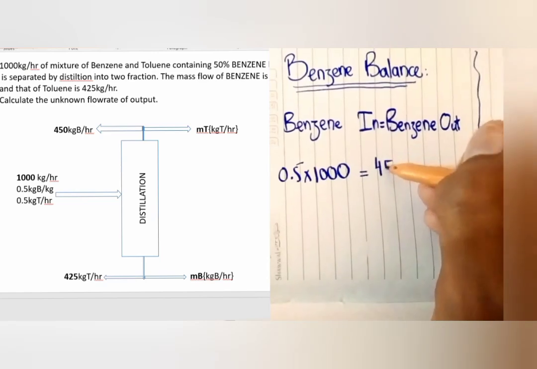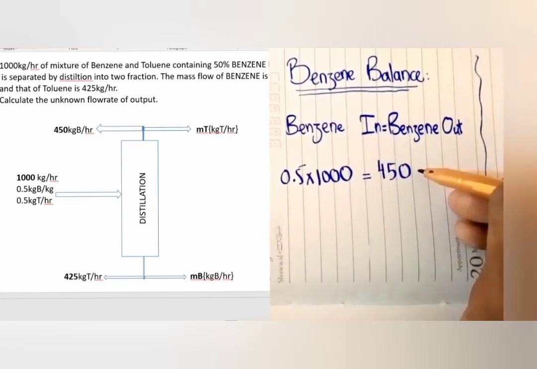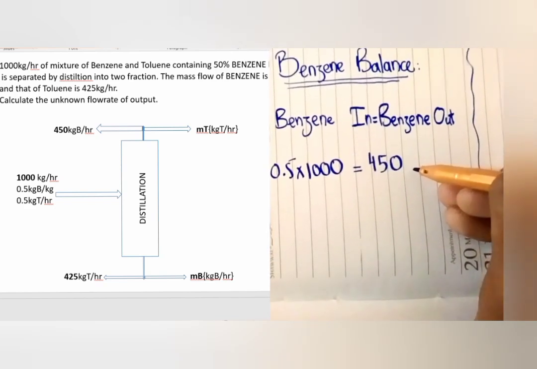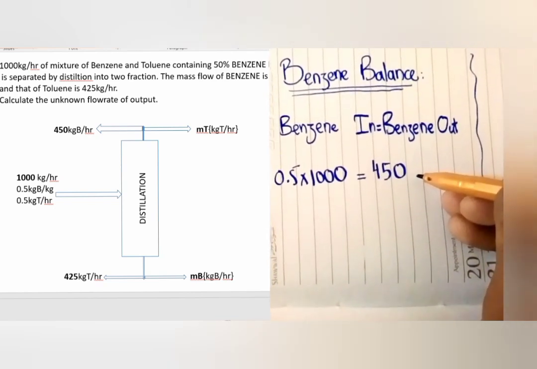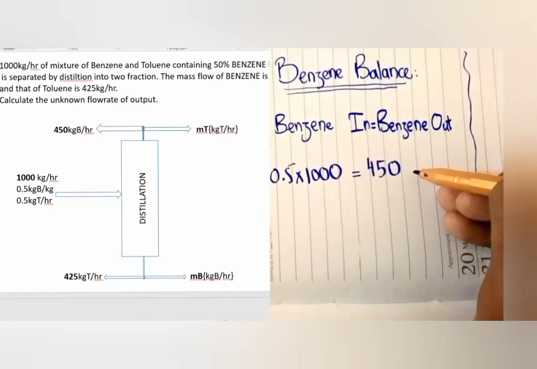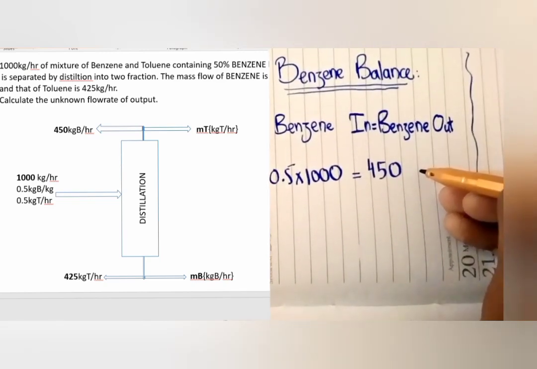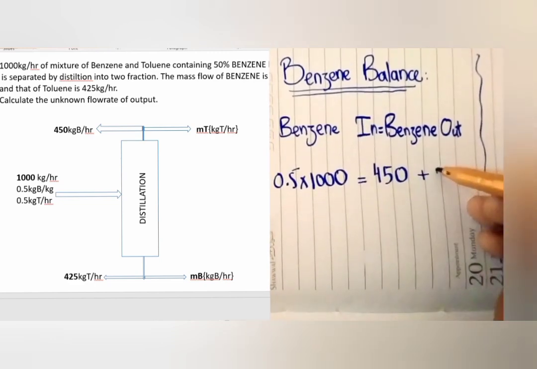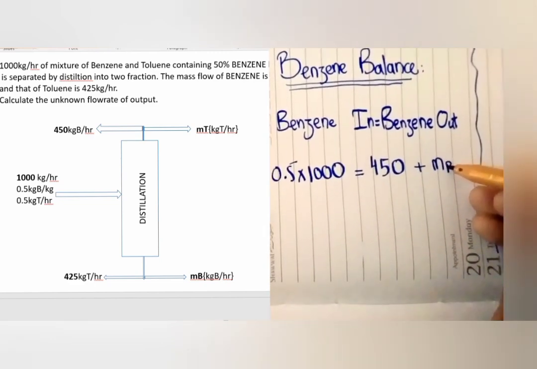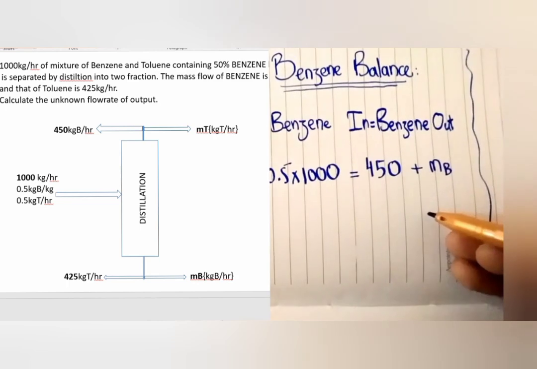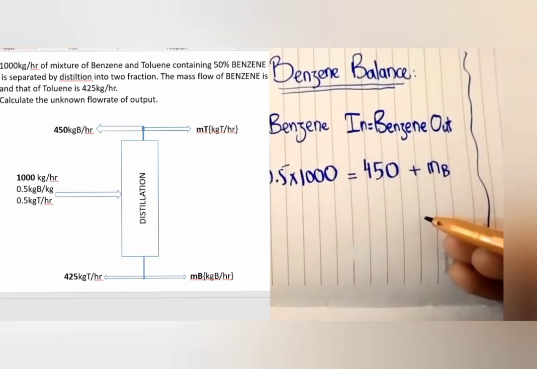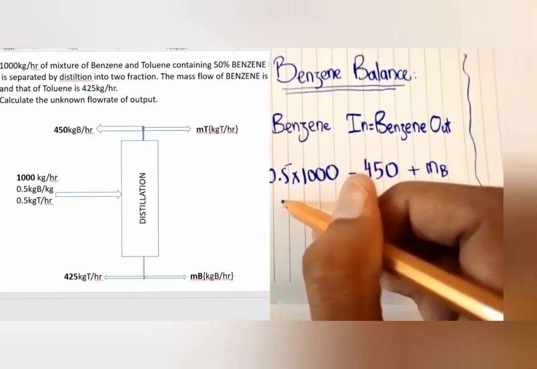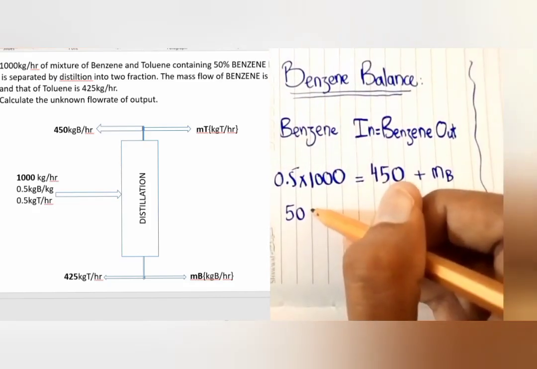This equals benzene out. There are two benzene streams exiting our system. One is at the top, 450 kg B per hour, where B means benzene, so its value is given. Another benzene stream exiting our system is MB, located in the below exit section, whose value is to be calculated.